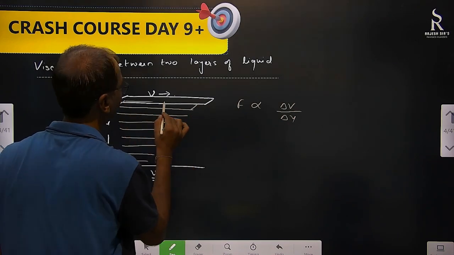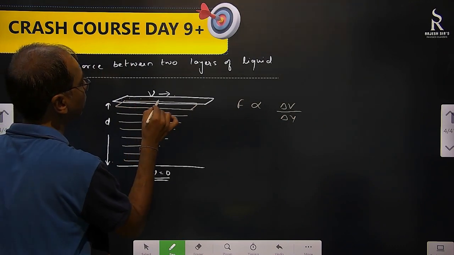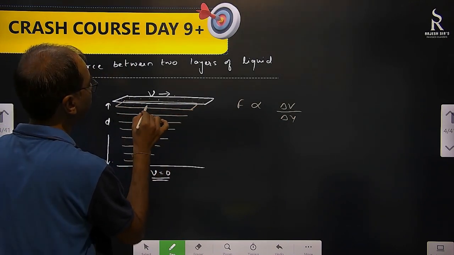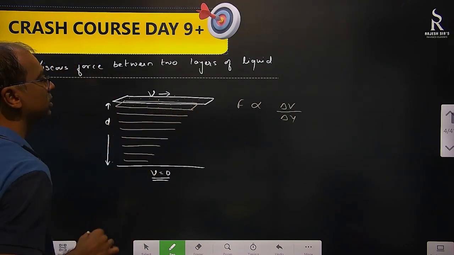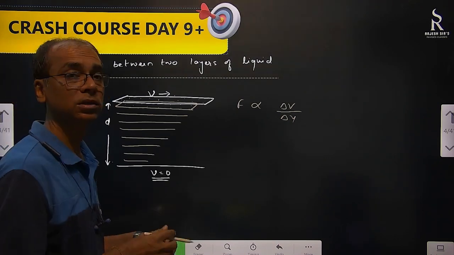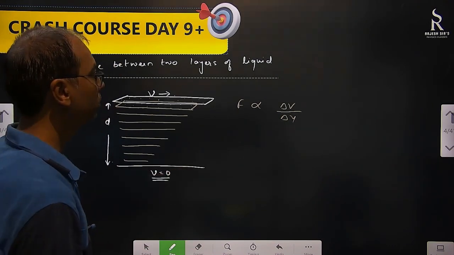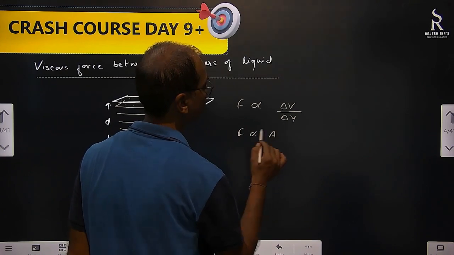So what will happen in these two? There will be particles over here, they will be in contact. The bigger the surface area of these layers, the more particles will be in contact. More particles in contact means more opposition. So force is proportional to delta V by delta Y. At the same time, force is proportional to area.